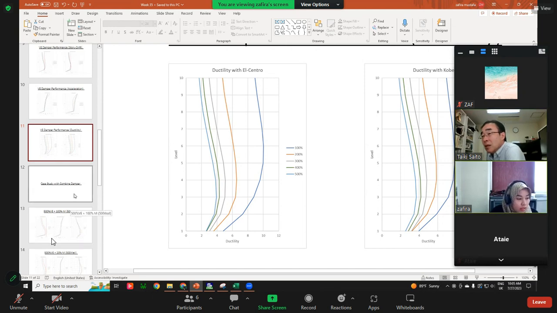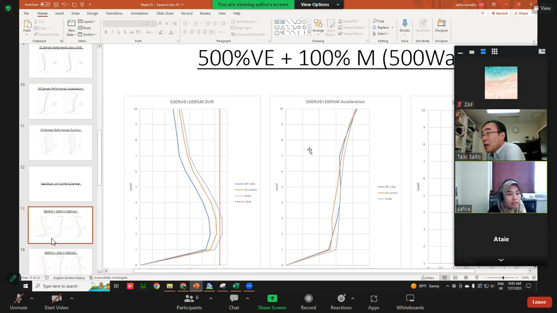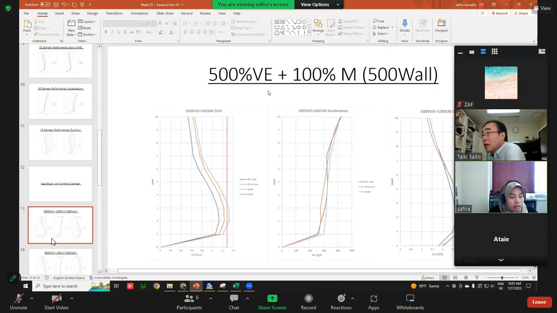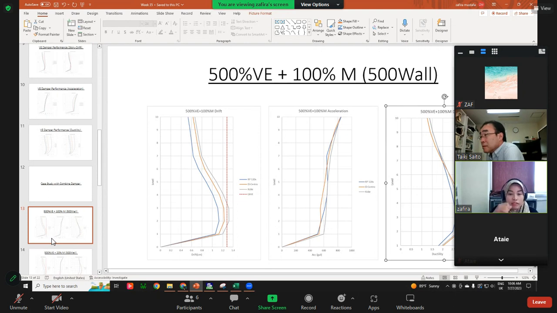Okay, and then I try to combine the dampers. If we combine 500% viscoelastic with the 100% metallic damper, this is the result. The gray color is for Kobe, the orange color for El Centro, and the blue one is random. How about ductility? Do we also have to show it for the mixed damper?